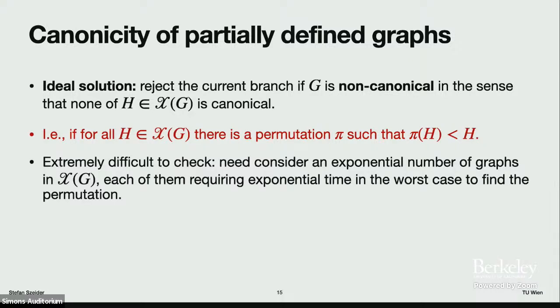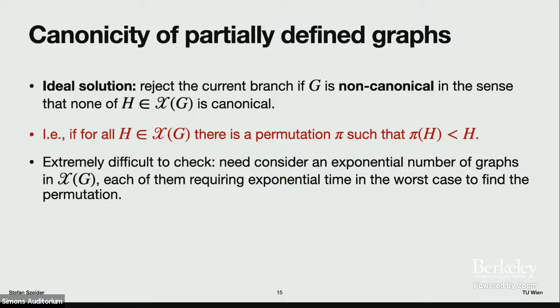But this is extremely difficult to check because there is an exponential number of extensions of our partially defined graph. And for each extension, checking minimality, there's no algorithm known other than, in the worst case, going over all n factorial permutations. So we have a problem that has two components that contribute to its complexity.